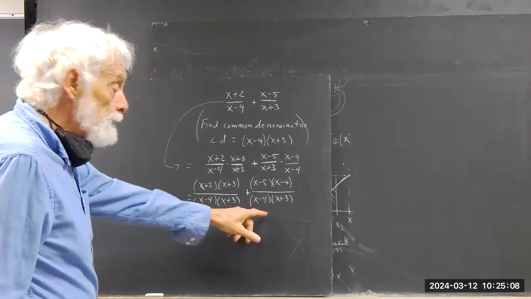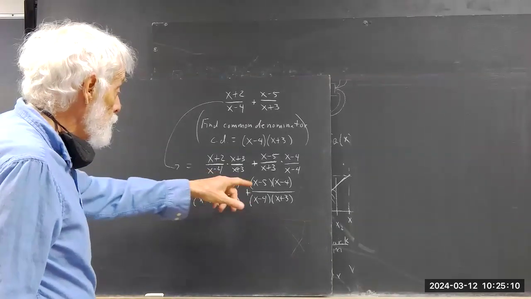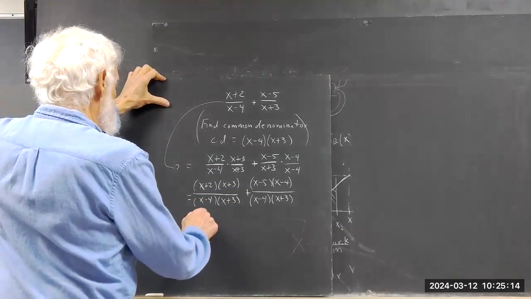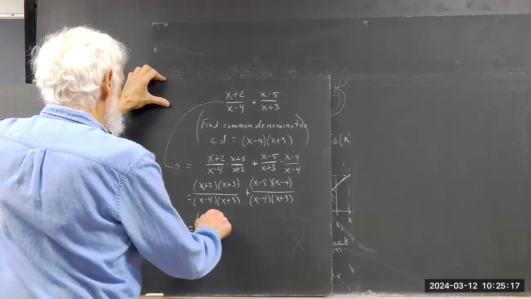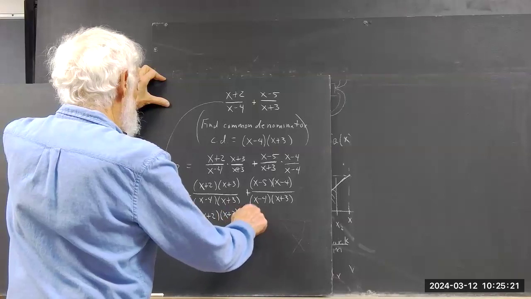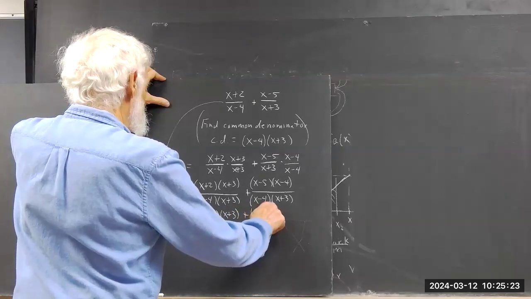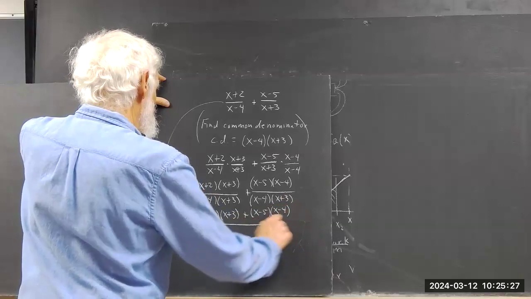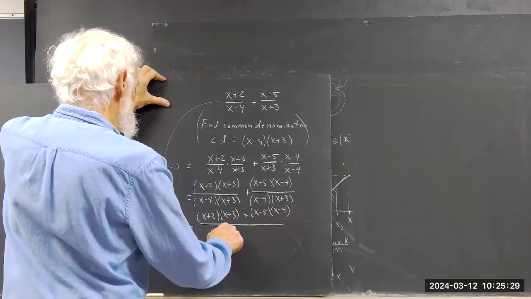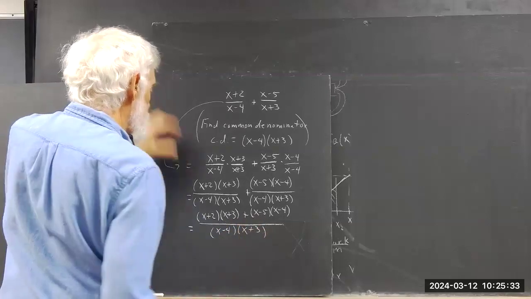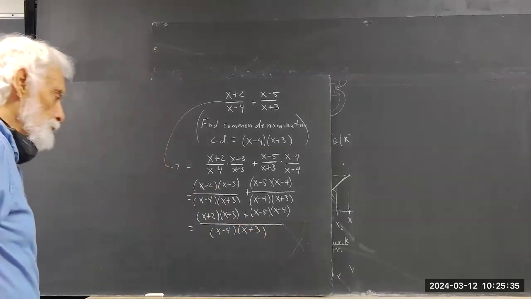So now we have the same denominator, and we can add the numerators. Just like adding fractions with numbers.